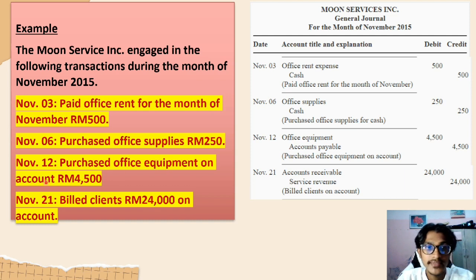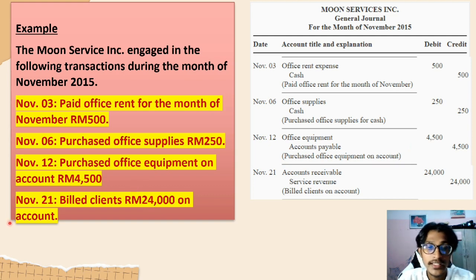And the same as the two above, purchase office equipment on account, 4,500. The accounts involved are office equipment and accounts payable, with 405,000 debit and credit, and the narration is purchase office equipment on account.